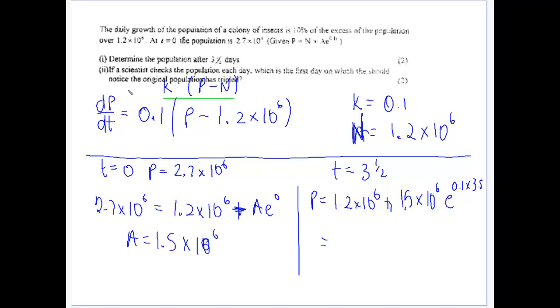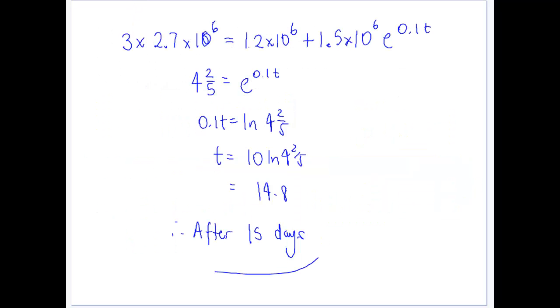So determine the population after 3.5 days. Well, after 3.5 days we can put that expression in, and we can get our value there. And the scientist checks the population every day. What's the first day in which you should notice the original population has tripled? So we're looking at 3 lots of 2.7 times 10 to the power of 6, which is our initial population.